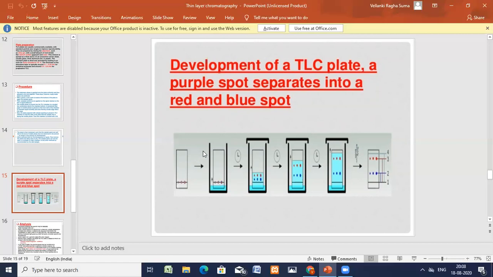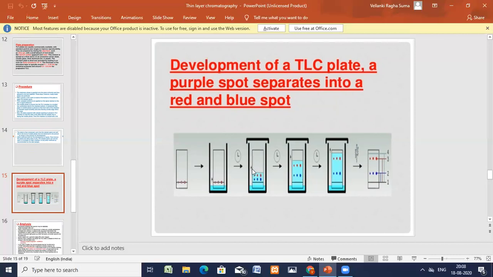In the chamber, three sides are covered with filter papers, moistened with the solvent so that the entire chamber has an equal environment. Then it is covered with the lid so that the solvent doesn't dry up.